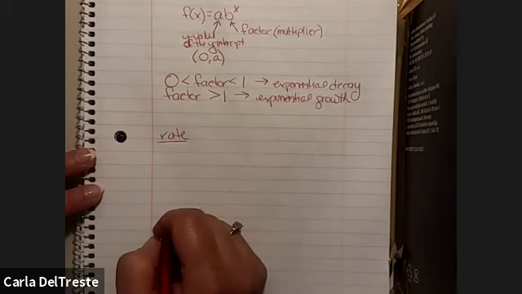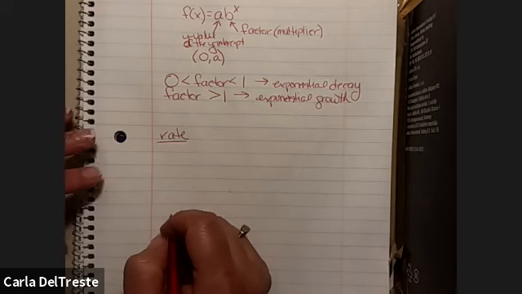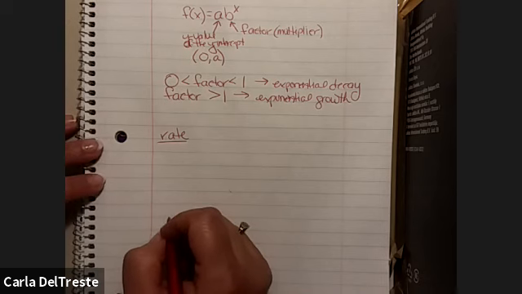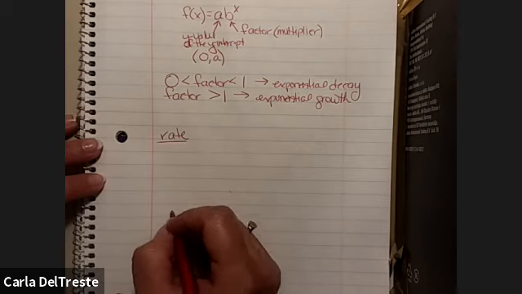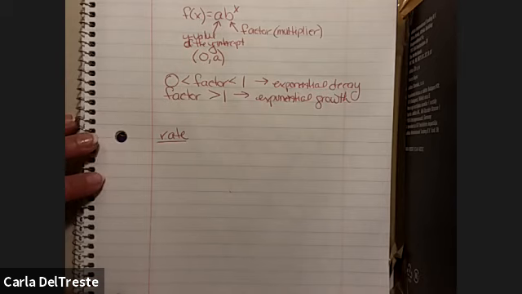And you can think about it as kind of the complement of factor, because factor is the multiplier that we're keeping, that gives us our next amount. The rate is the gain or the loss. So it is the complement, it is the difference of the factor.